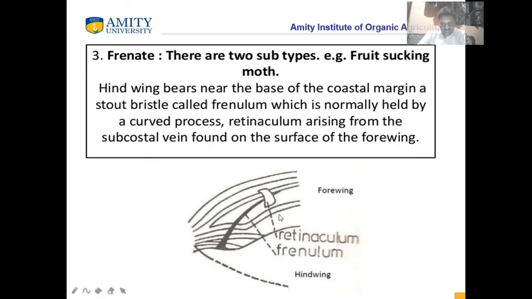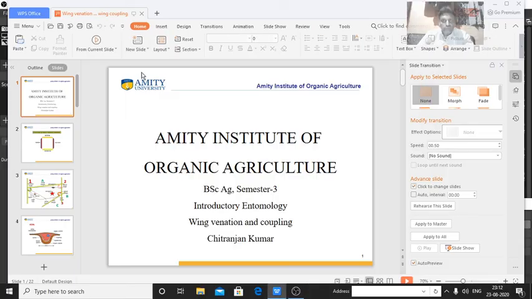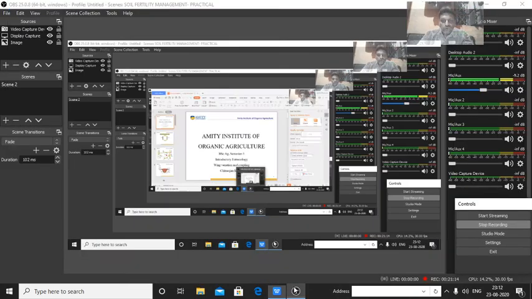You can see the retinaculum, a hook-like structure, and frenulum, a long thread-like, thorn-like structure. These two structures connect each other, and this connection is called frenate wing coupling. So with this we come to the end of this lecture, and we are open for discussion.